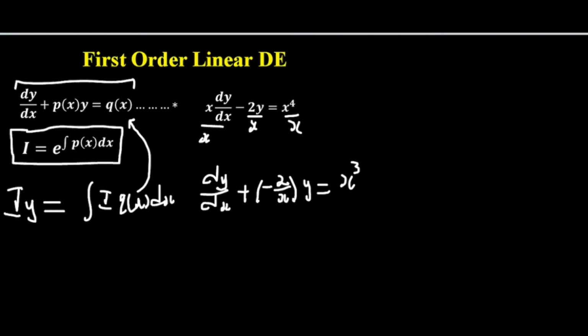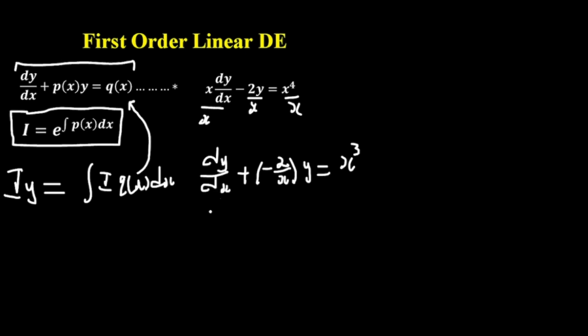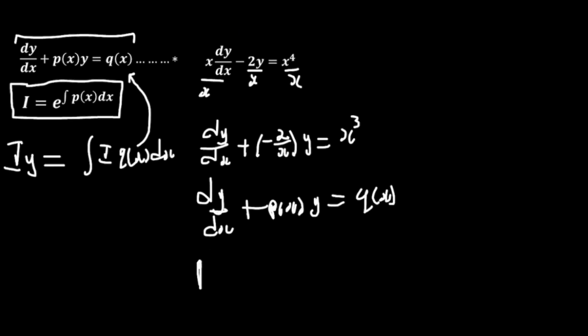So if we want to compare this with what we initially have, we know that from the general formula we have dy/dx plus p of x y equals q of x. So it means clearly here that our p of x will simply be equal to minus 2 all over x, and our q of x will simply be x cubed.